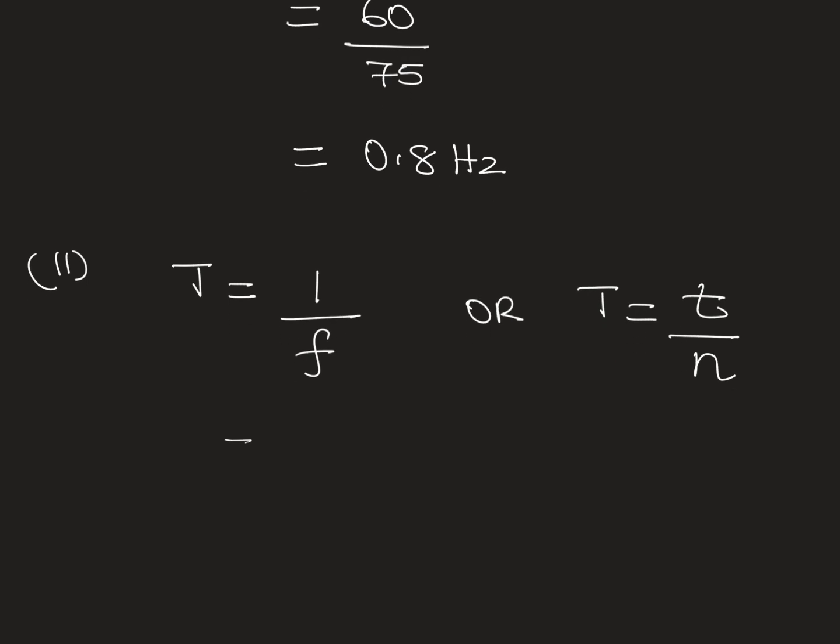So if we go by that, we will have 1 divided by the frequency, 0.8. So 1 divided by 0.8 is 1.25 seconds.